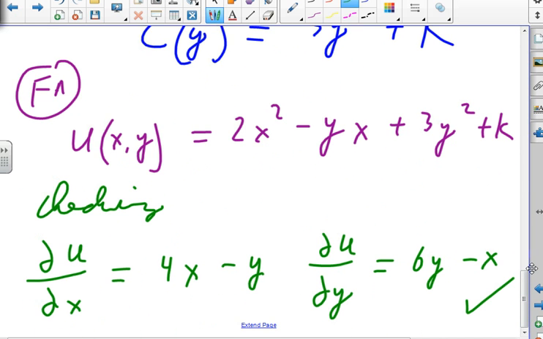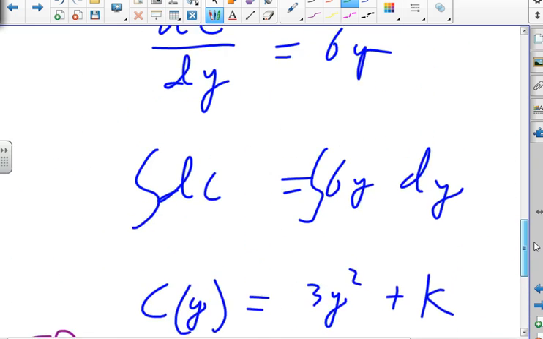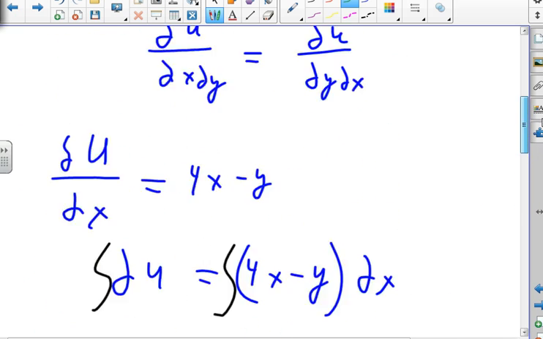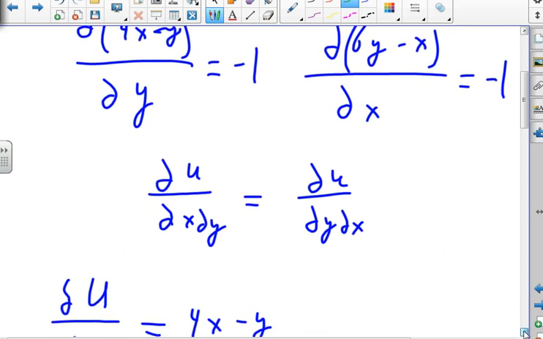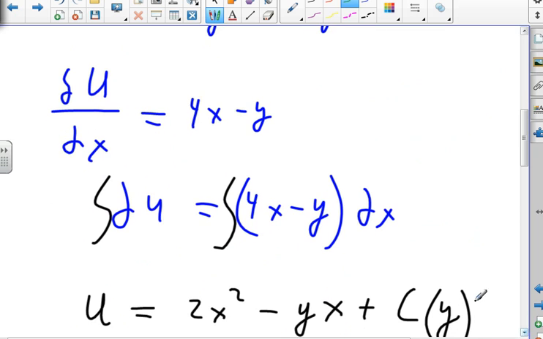Check. Can you go back up to the top a little bit? Oh, yeah. Obviously, you're going to see a problem similar to this on your Chapter 1 test. So what we're doing, we first check that the mixed partials are equal. Given that they're equal, the method works. So we say that the derivative of u, which is what I'm solving for, with respect to x, is 4x minus y.